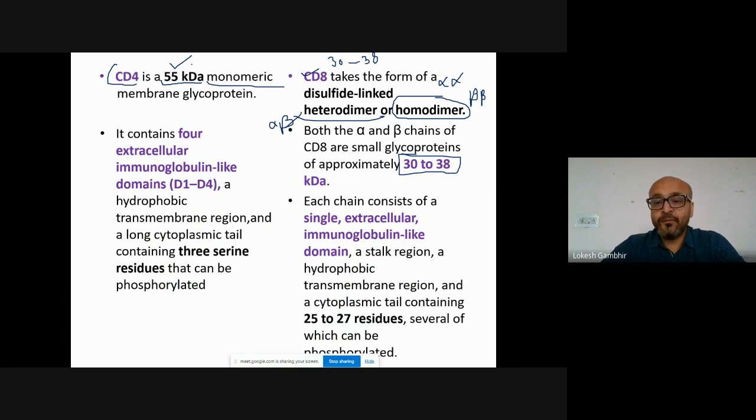So, what is your job? Let me give you a very simple job. Design an experiment to prove that the CD4 and CD8 molecules present on T helper and cytotoxic T cells are 55 kilodalton and 30 to 38 kilodalton proteins.